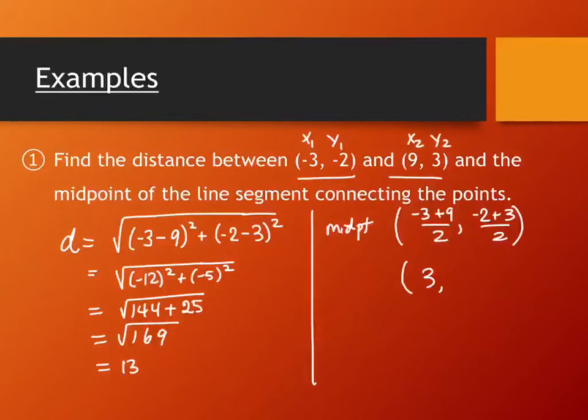Negative 2 plus 3 is 1, and 1 divided by 2 can be written either in fractional form or you can write it in decimal form if you prefer as 0.5. So we found the distance and we found the midpoint. And this was an example of one that works out really clean. It's really very nice looking values at the end.